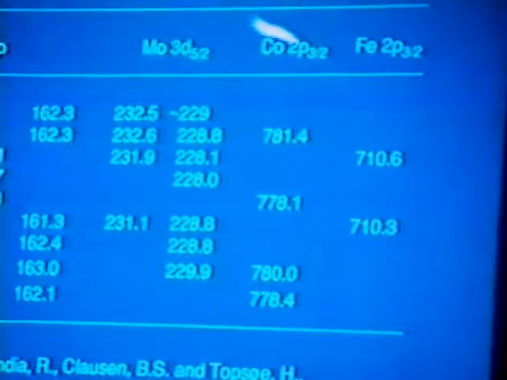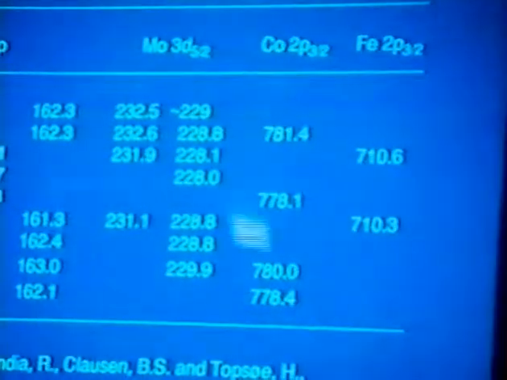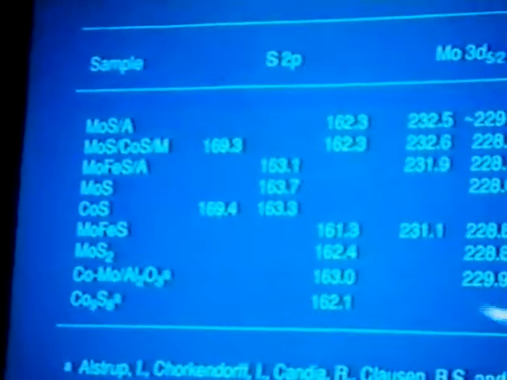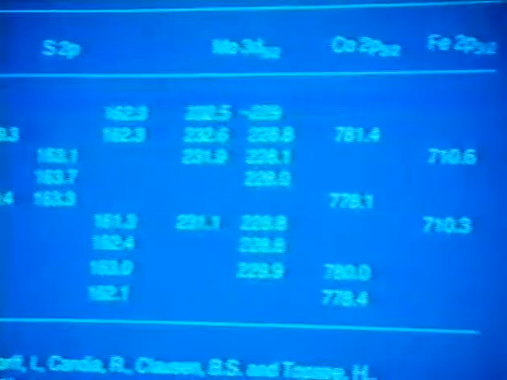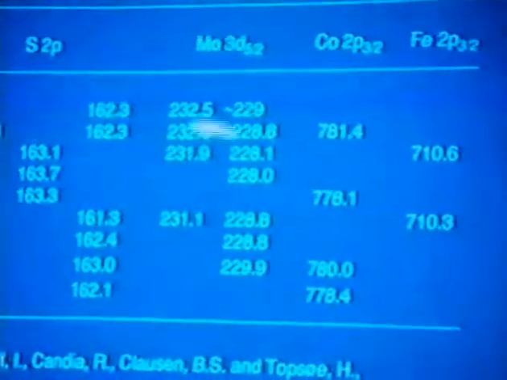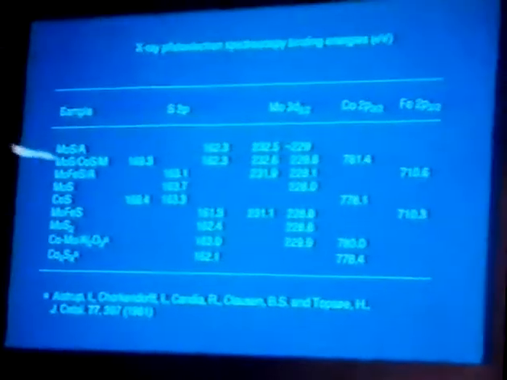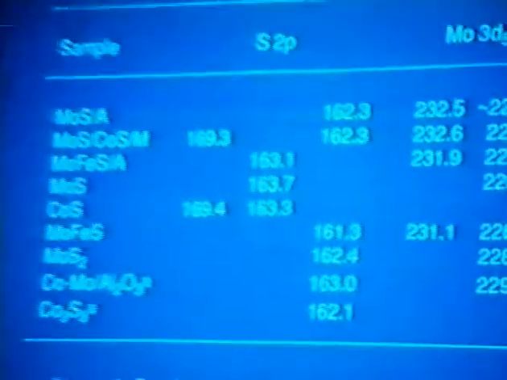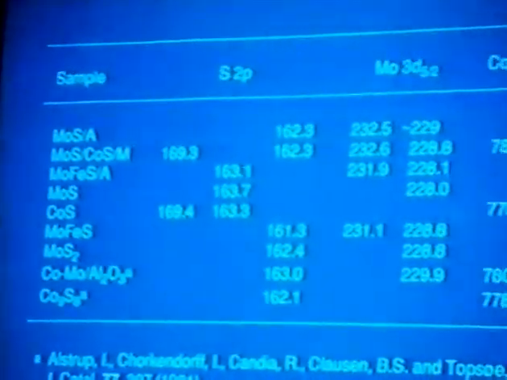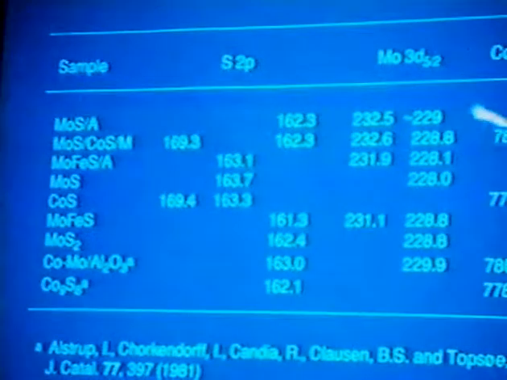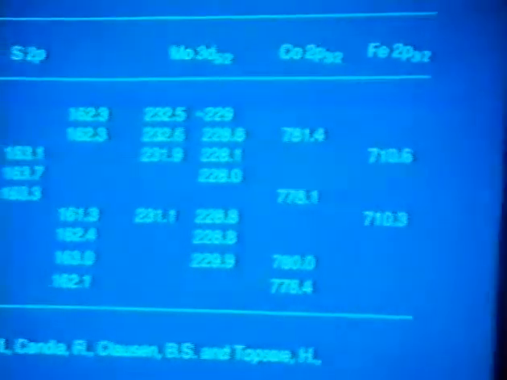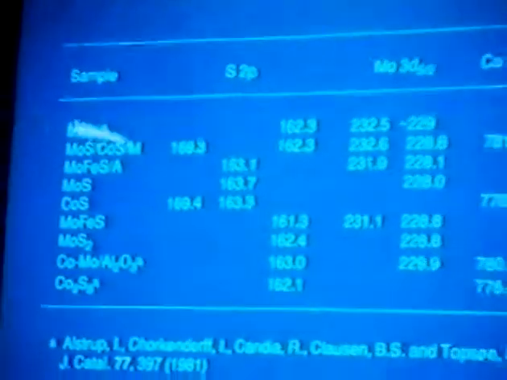Looking at the cobalt, what we would call the promoter atom, we notice that initially the cobalt seems very similar. The chemistry may be very similar to that of a cobalt sulfide. However, following exposure to either the MgO, the molybdenum sulfide, or perhaps after the reaction conditions, we see that we are no longer able to show a similarity between this sulfide and the species that we have in the catalyst.